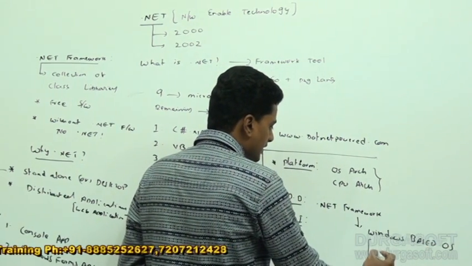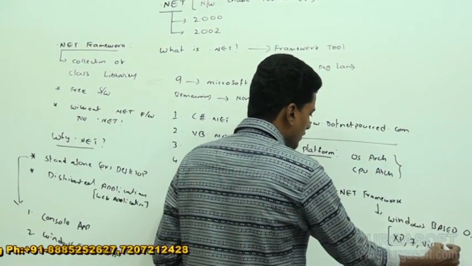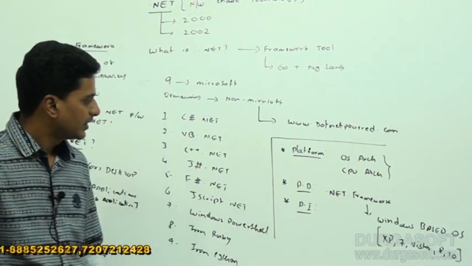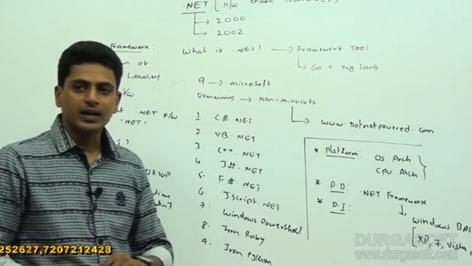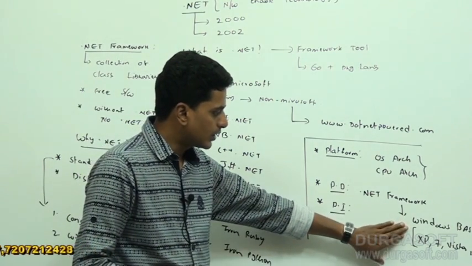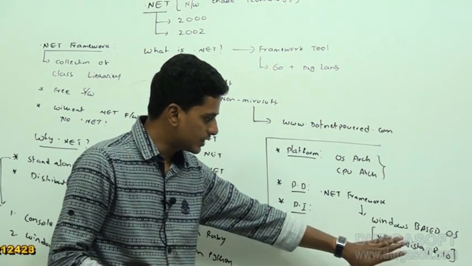You know that Windows based operating systems are Windows XP, Windows 7, Windows Vista, Windows 8, Windows 10. These all are Windows based operating systems. So when we are using .NET framework to develop a .NET application, the code is able to run only on Windows based operating systems, XP, 7, Vista, 8 or 10.